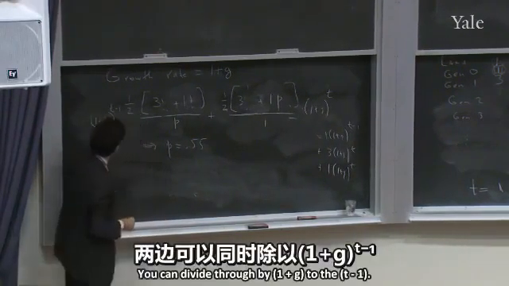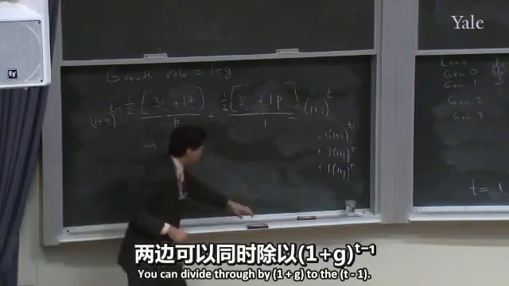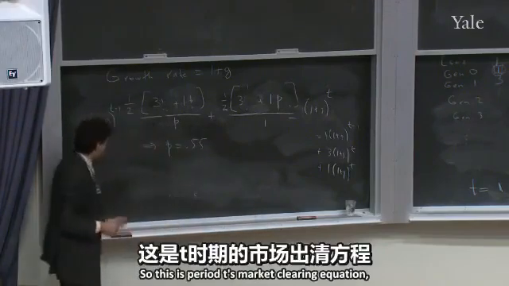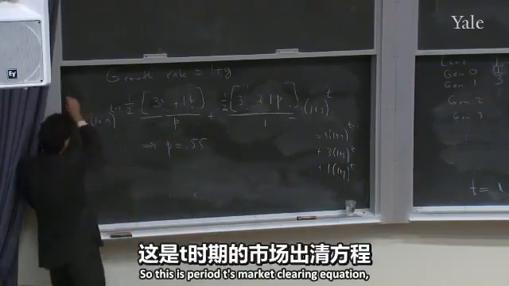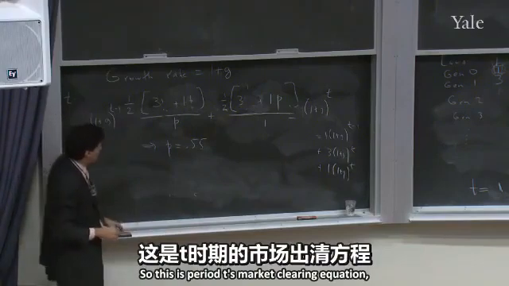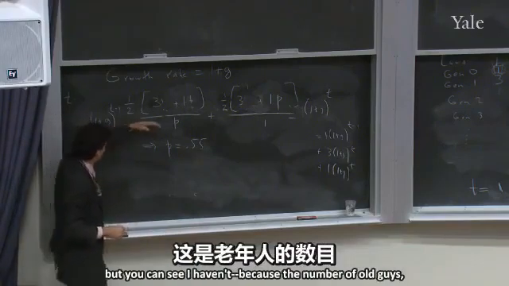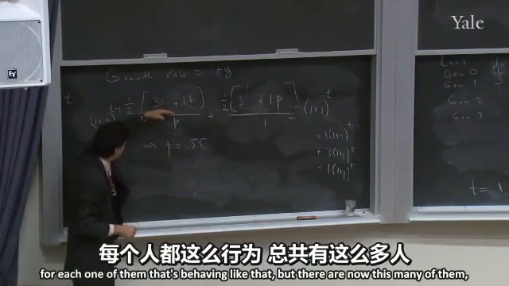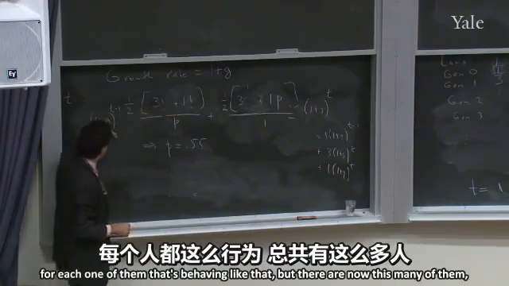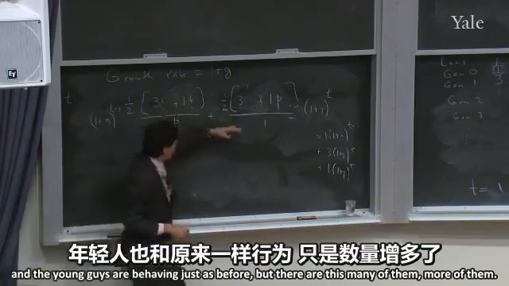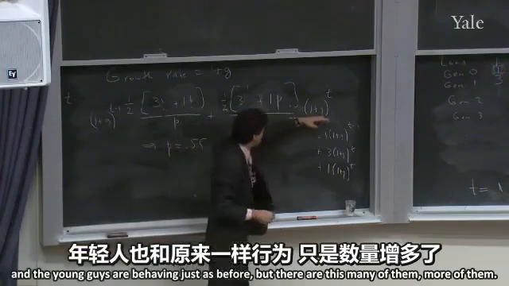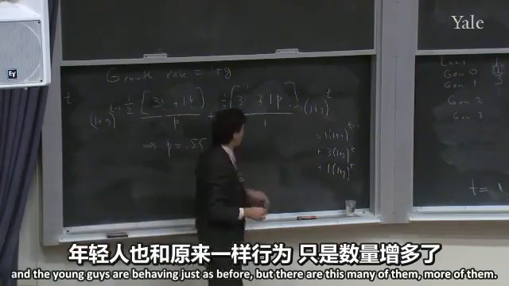And then you can divide through by 1 plus g to the t minus 1. So this is period t's market clearing equation. Each of the old guys is behaving like that, but there are this many of them. And the young guys are behaving just as before, but there are this many more of them.